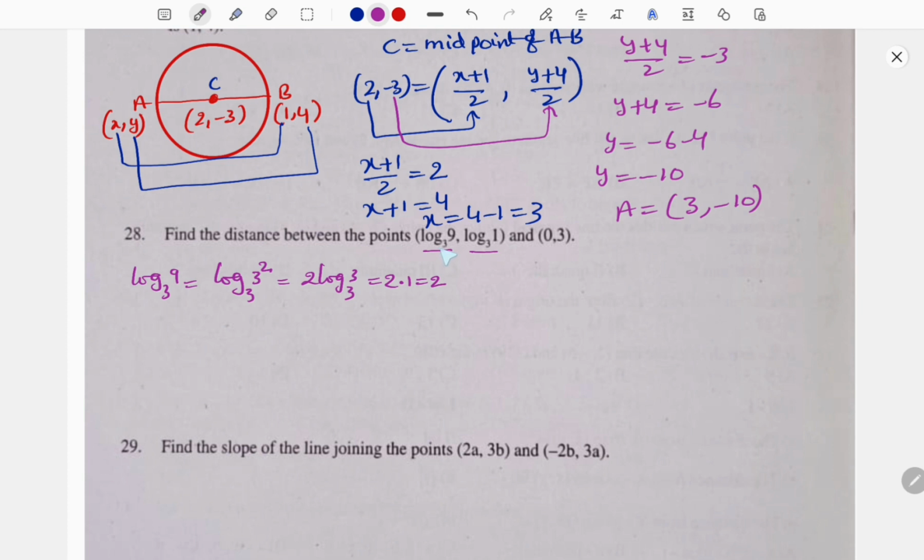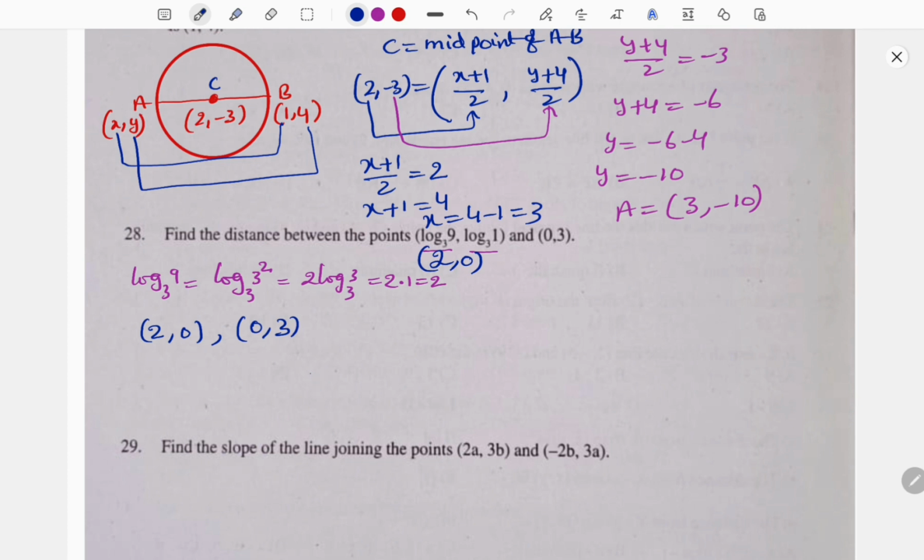So what is this value? That value is 2. Log 1 value is 0. So this is the point (2, 0). Now you can find the distance between the points (2, 0) and (0, 3).